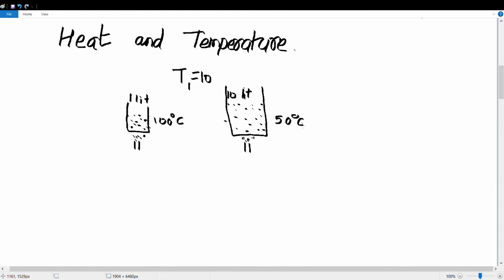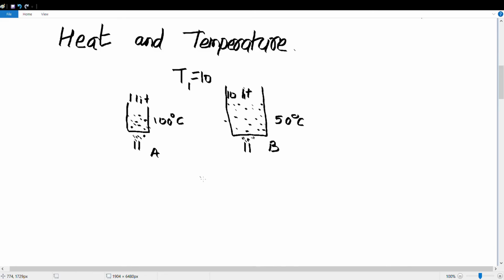Which temperature is greater? Definitely this pot, its temperature is greater than the temperature of this pot. Is the heat received by pot A greater than the heat received by pot B?